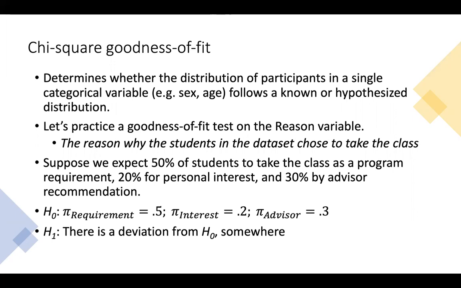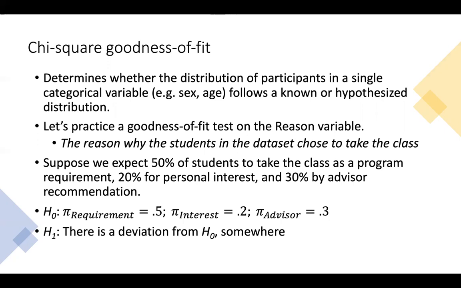So our null hypothesis is that 0.5 take it because they have to, 0.2, 20%, take it because they want to, and 0.3, 30%, take it because their advisor says they should.